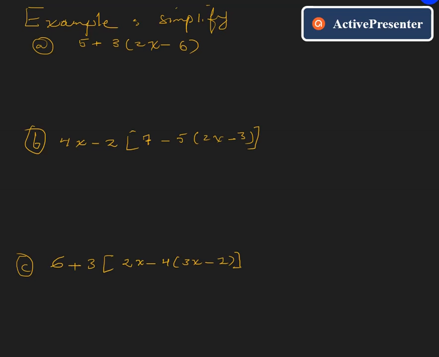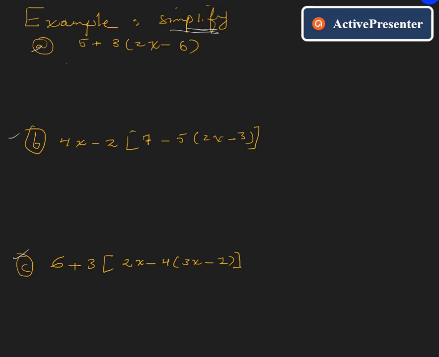Now let's take an example. Simplify the given expressions a, b, c. The first one, 5 plus 3 multiplied in 2x minus 6. How to simplify that?